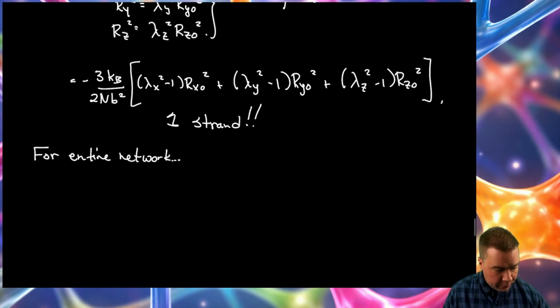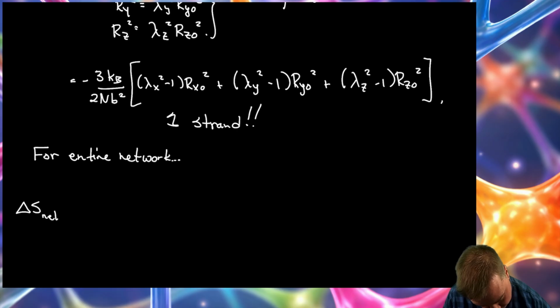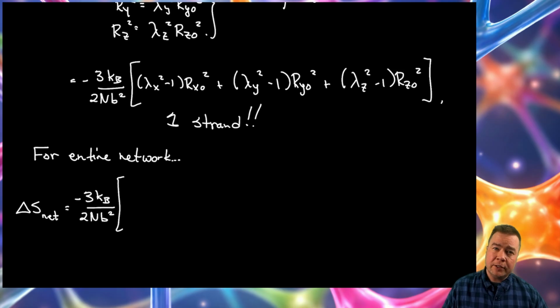So for the entire network, the change in entropy of the network, delta S network, is going to be, well, we're going to have the same term out front, so we're going to have still 3 kB over 2 Nb squared. And we're going to assume that all of the strands are deforming in exactly the same way.